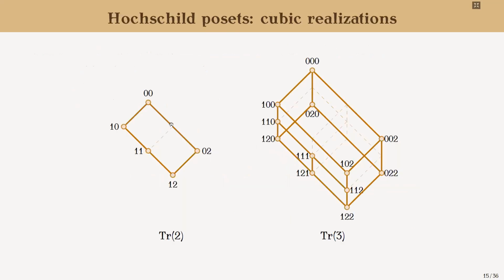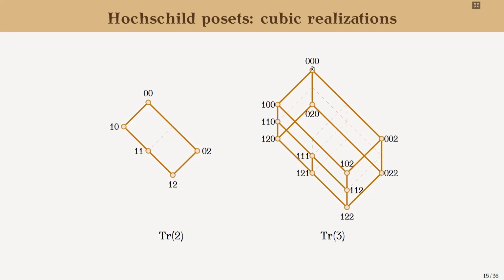And here is the realization called the cubic realization for the Hochschild lattice of order 2 and 3. This is a particular realization because we look at the triwords as real space coordinates.